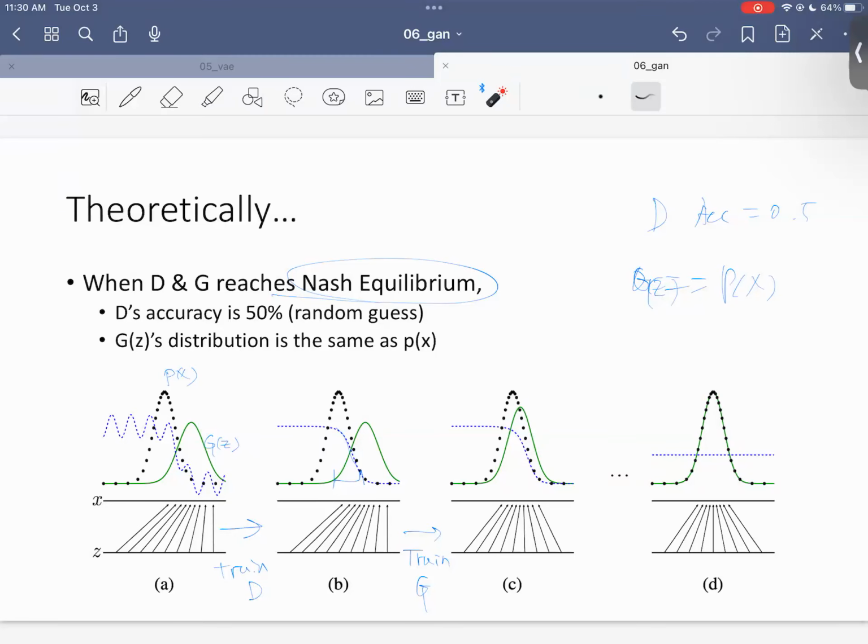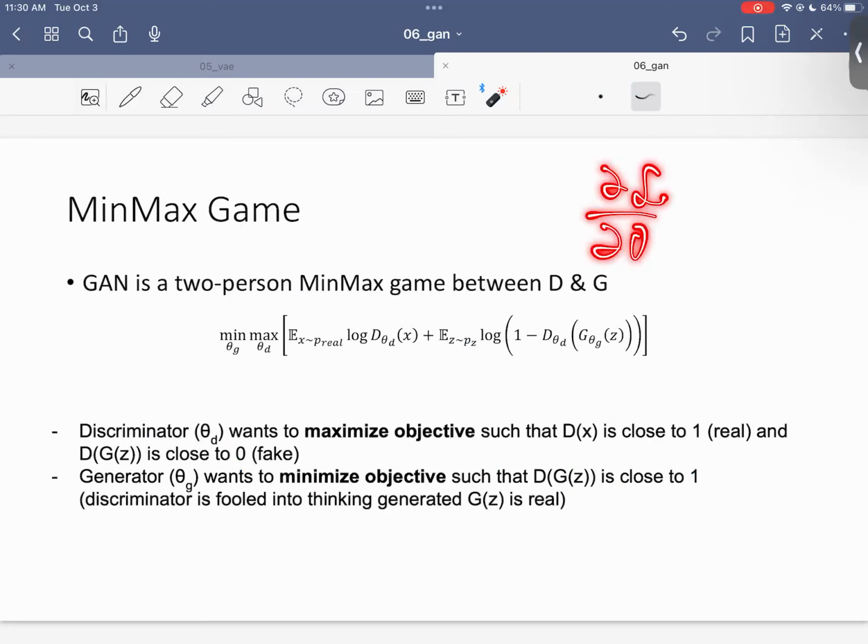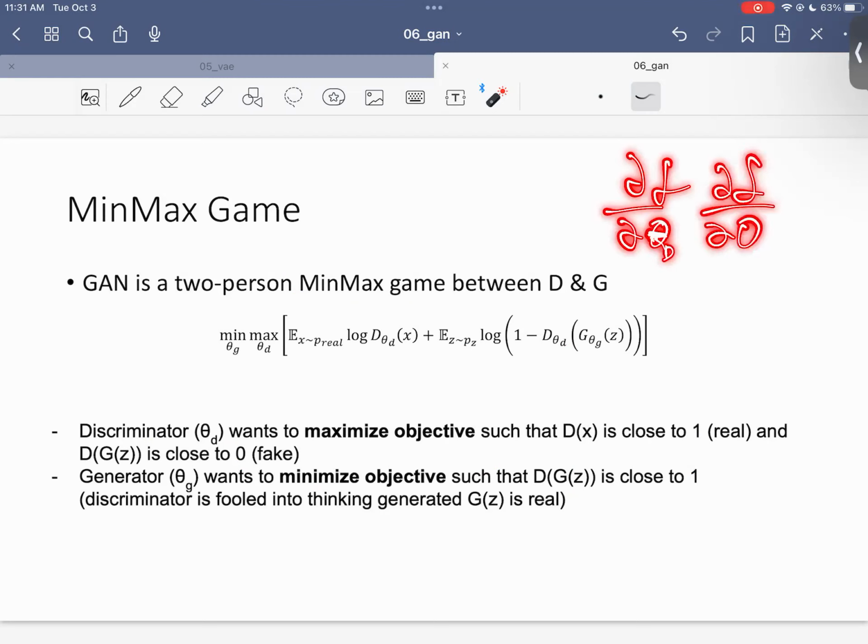So there's a function here, with theta D and also theta G, and you get the gradients, and then maybe you can update. Yeah, I don't think you can do that.